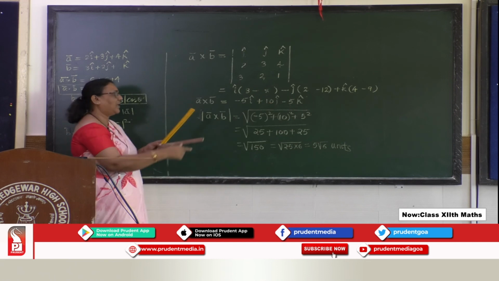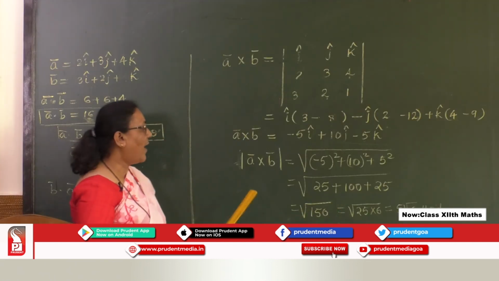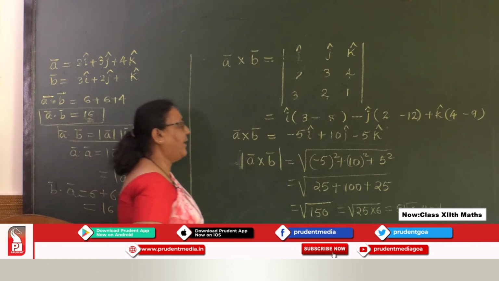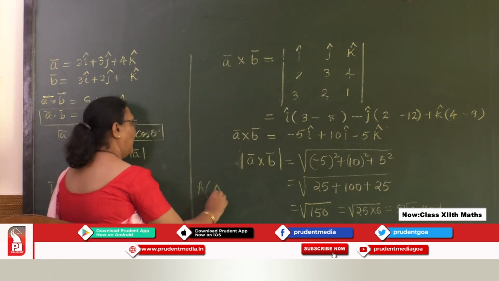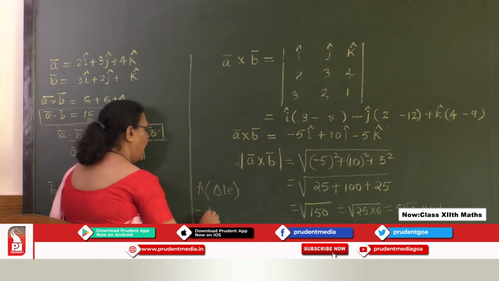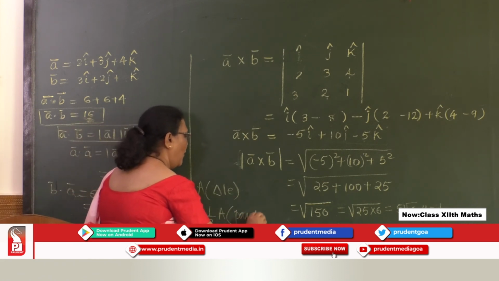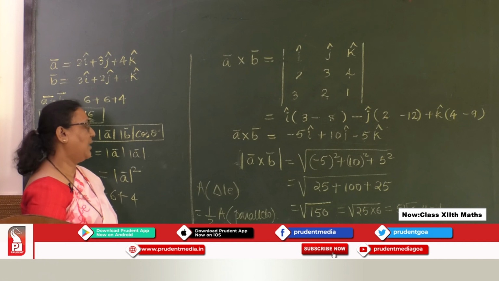Like this you will get a parallelogram. If you want the area of triangle, the area of triangle will be half the area of parallelogram.